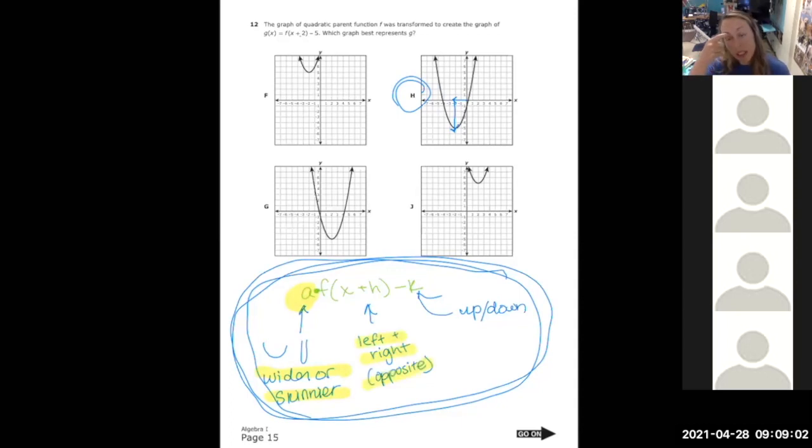So if there's a plus, it moves left. If there's a minus, it moves right. And then numbers outside of the parentheses move it up and down. So minus would be down, plus would be up, okay? So this is something that you should study, that should be on your STAAR cheat sheet that you are writing down. Okay, so I'll give you a second to copy that.